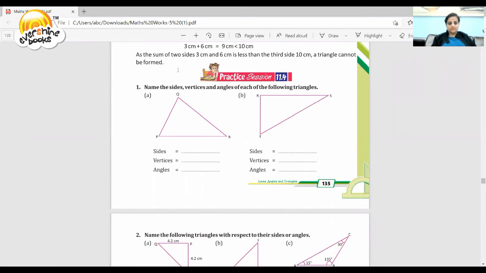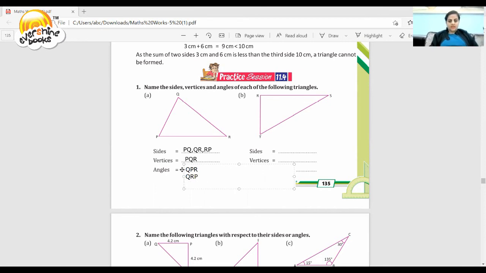Three sides: PQ, QR, then RP. The vertices are P, Q and R. Angles are QPR, QRP, and RQP or PQR.